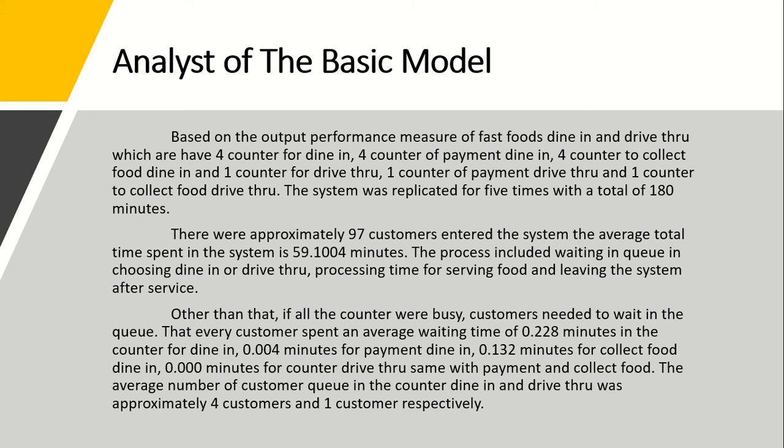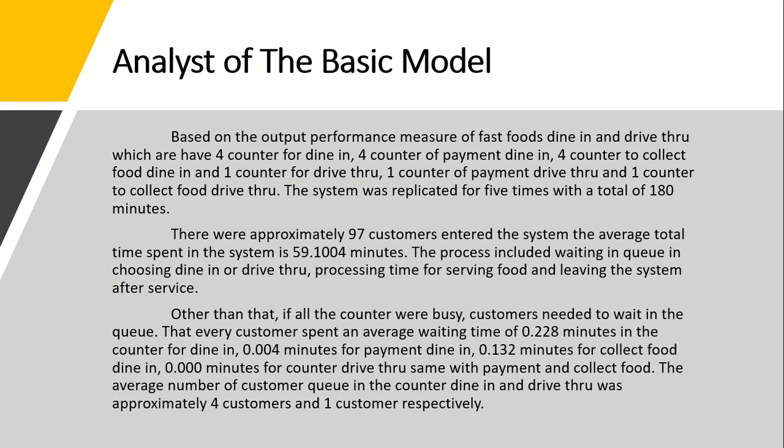Our analysis of the basic model is based on the output performance measure of fast food dine-in and drive-thru. We have counters for dine-in, for payment dine-in, and for collecting dine-in. And for drive-thru, we just have one counter for payment and for collecting food, also one counter each.